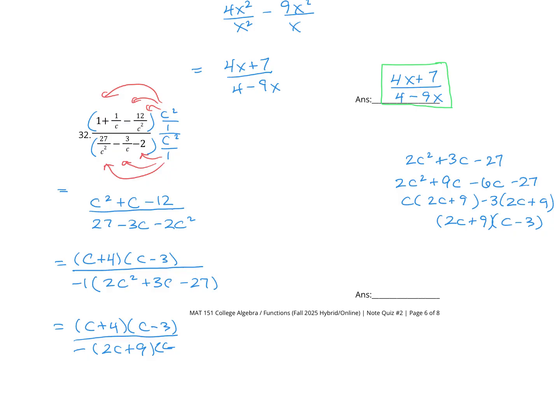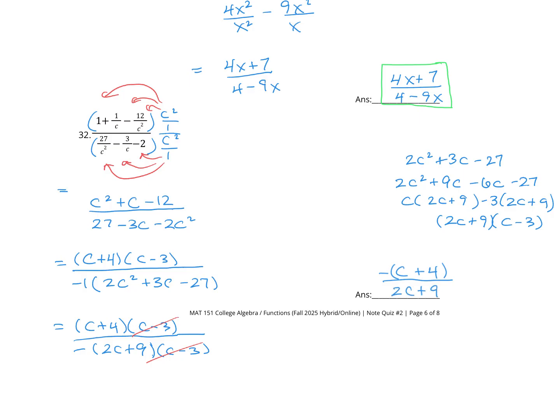Yeah, I can write that a little nicer. C minus 3. There we go. And once you know it, those c minus 3's can cancel out. So a final answer, when it's all said and done, is negative c plus 4, I'll put parentheses around that, over a 2c plus 9.